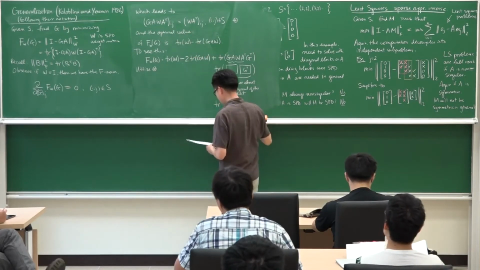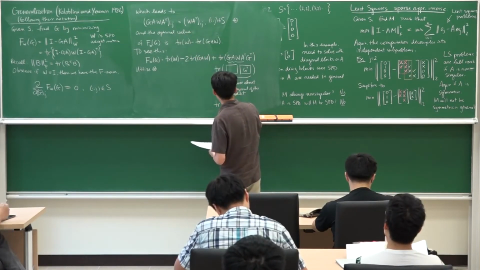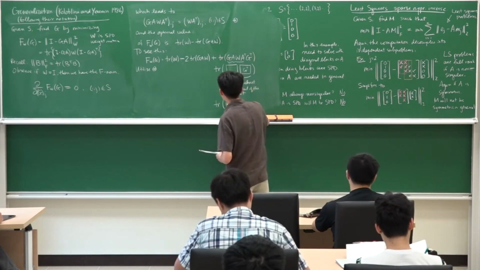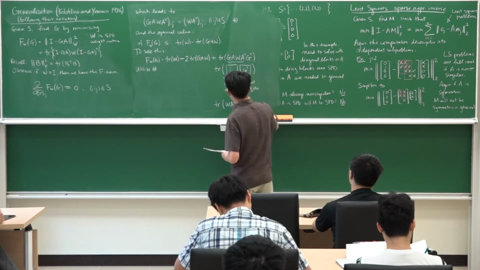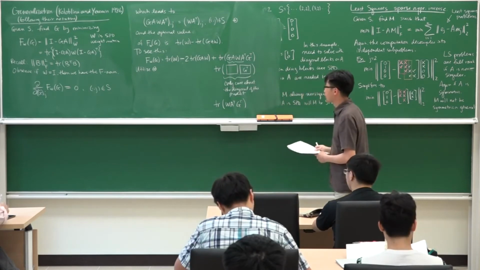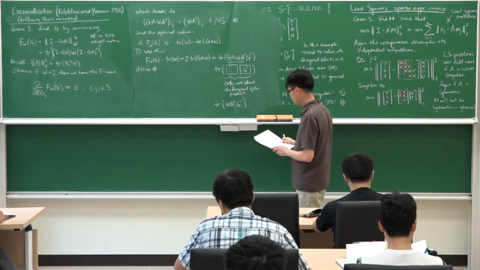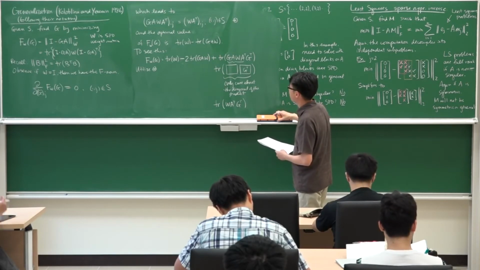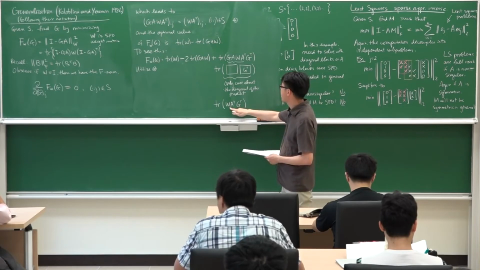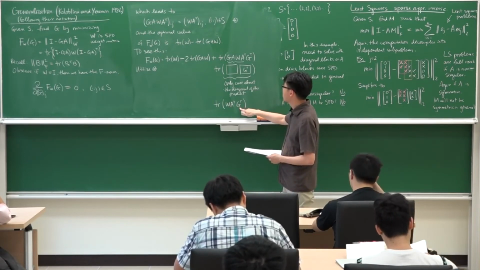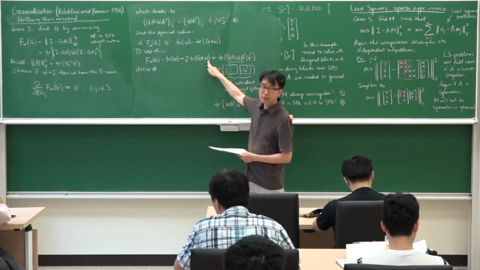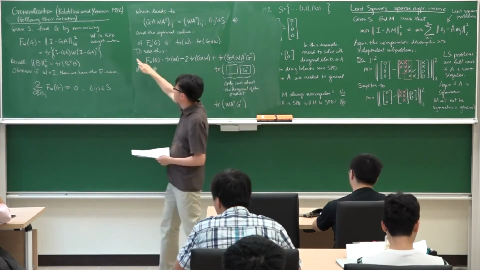We can write the second term as the trace of WA transpose and G transpose. WA transpose G transpose is just the transpose of this if W is symmetric, which I said that W is going to be.